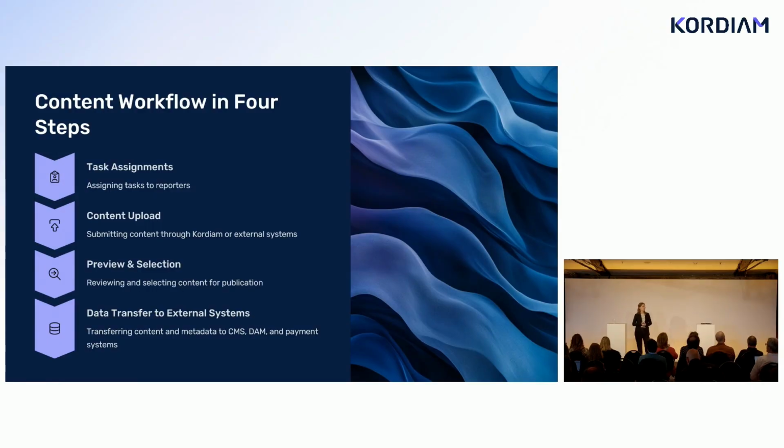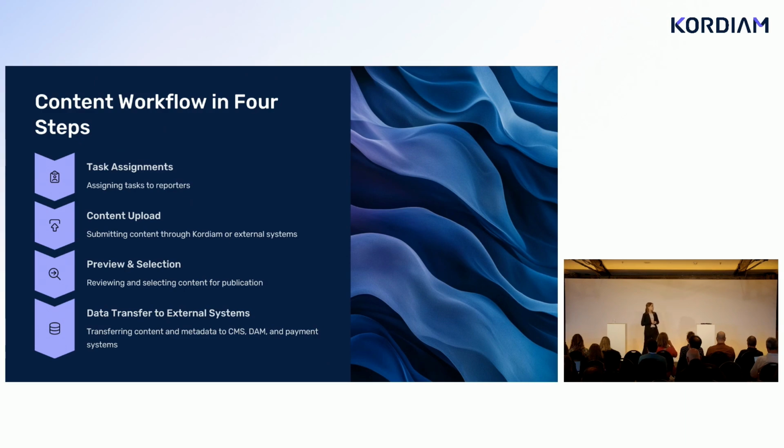That's why today I will walk you through the content workflow that can take place within Kordiam. It can be roughly divided into 4 steps. First of all, we obviously have the task assignment, part of the planning. Secondly, we would have content upload, which can happen within Kordiam or directly to an external system. Then we have the preview and selection part, and that's basically pretty new.